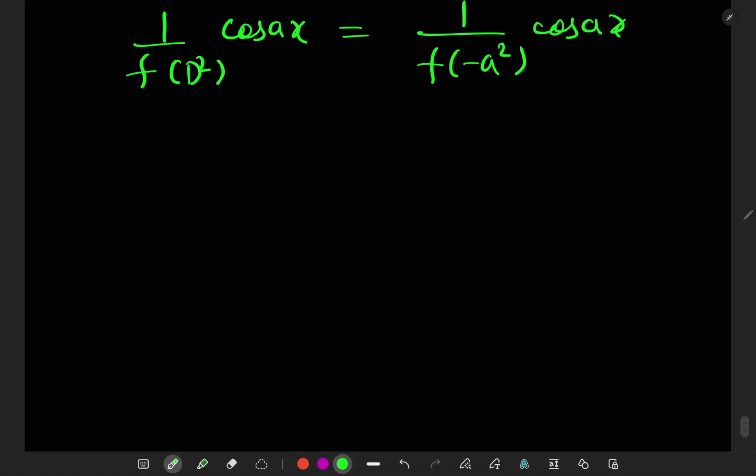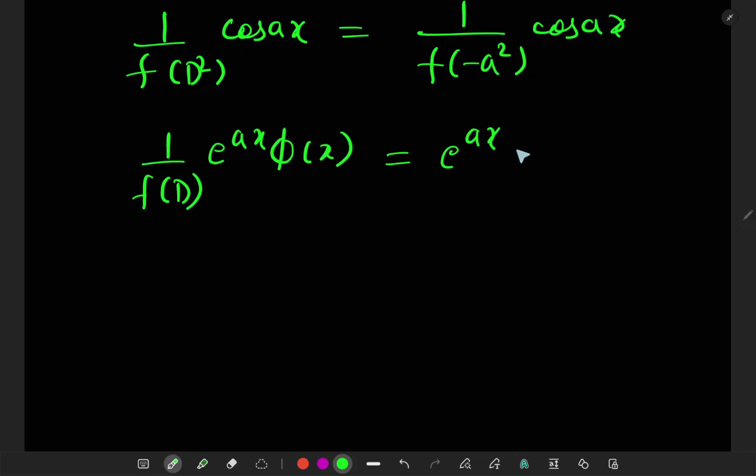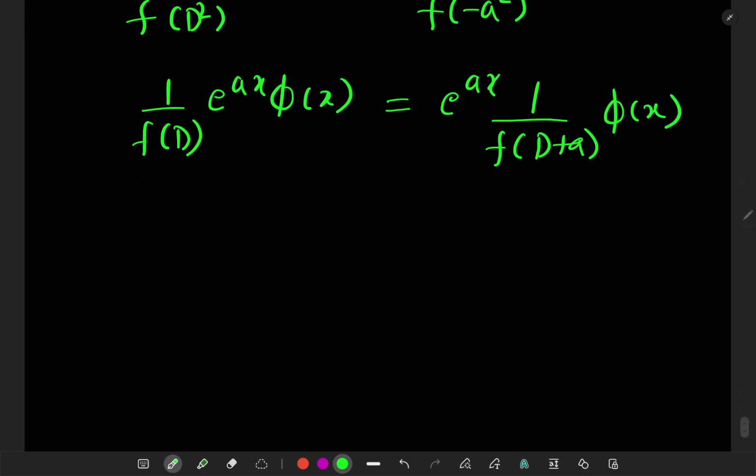Now other important relation. If this type of condition occurs, then use e raised to power ax into 1 upon f d plus a phi x. In this condition, you plus the value of e raised to power ax.